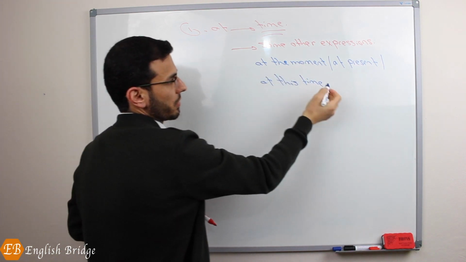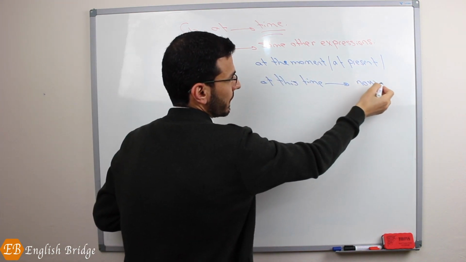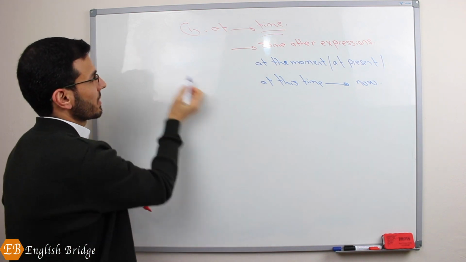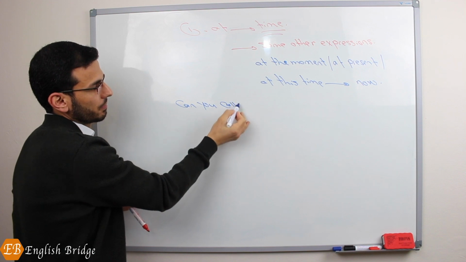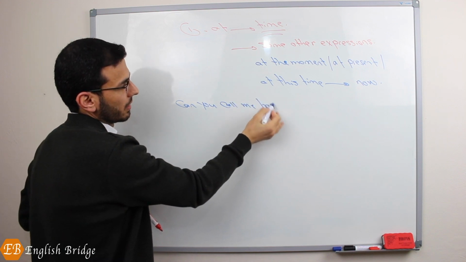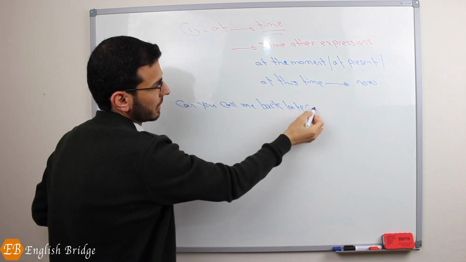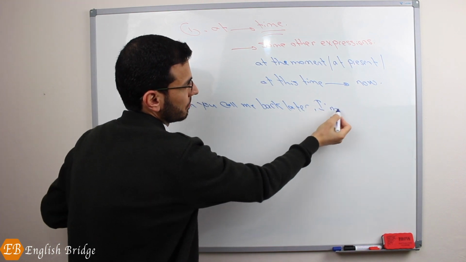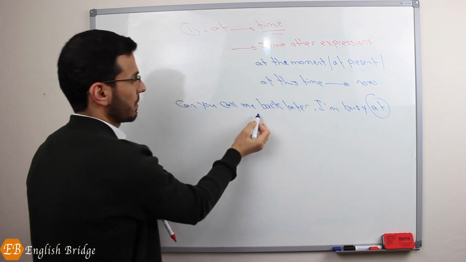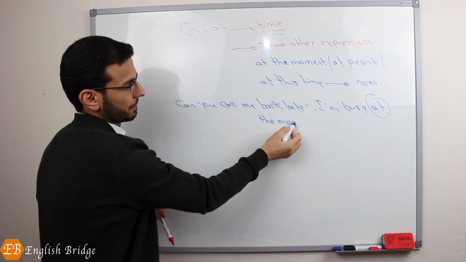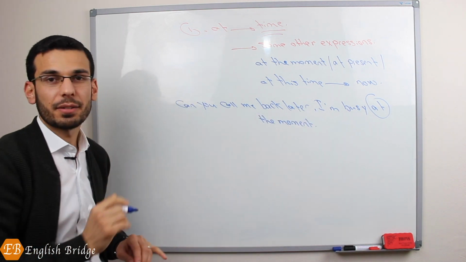Okay, all these expressions mean almost like now. For example, you can say, can you call me back later? I'm busy at the moment. All right, so this is number one.